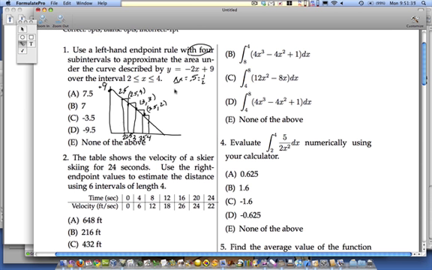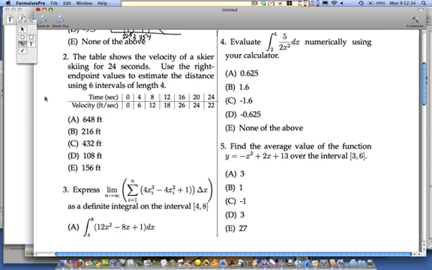So what we're looking at is 5 times 1/2 plus 4 times 1/2 plus 3 times 1/2 plus 2 times 1/2. And I can factor 1/2 out of here and make it a lot easier on myself. 5 plus 4 is 9, plus 3 is 12, plus 2 is 14. And so 1/2 times 14 is equal to 7, and the answer is B.